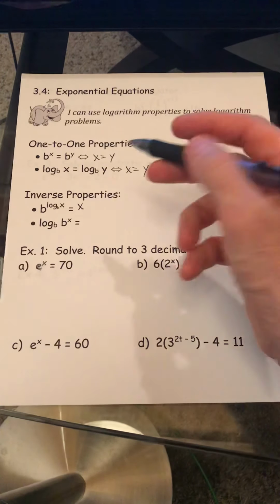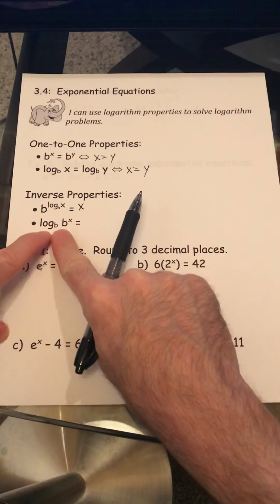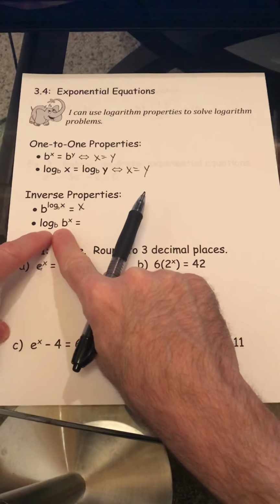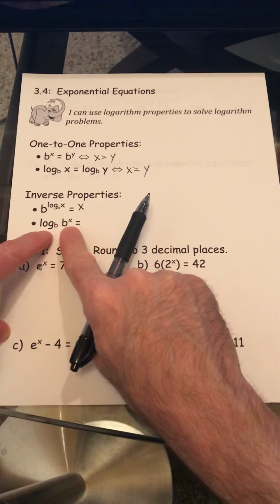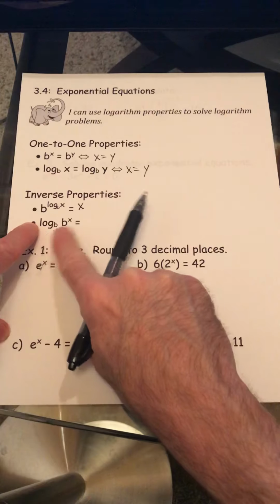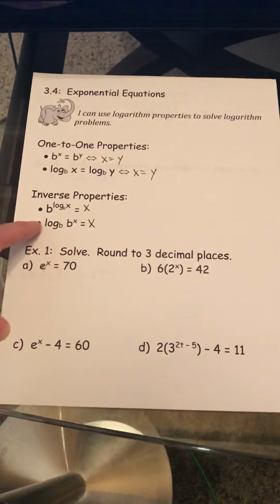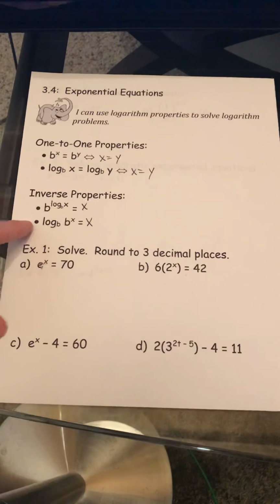You see this a lot, especially when we work with e and natural log. And especially this second part, log base b of b to the x. Here you move the x out front, and then those are just equal to 1. But either way, those do both equal x.